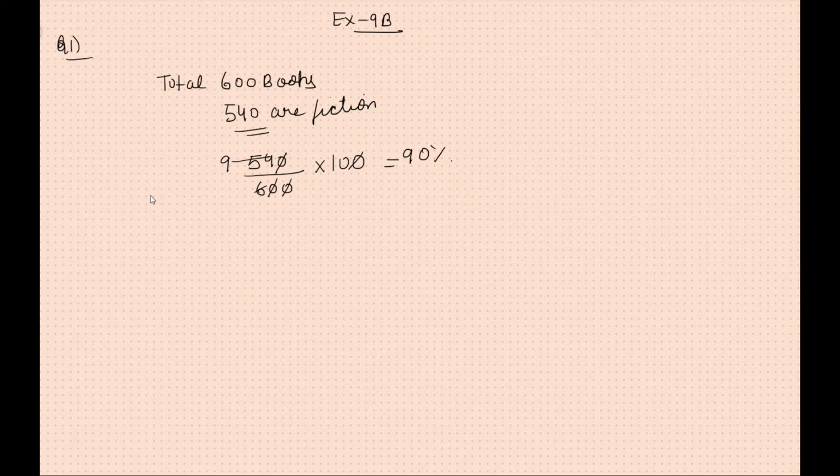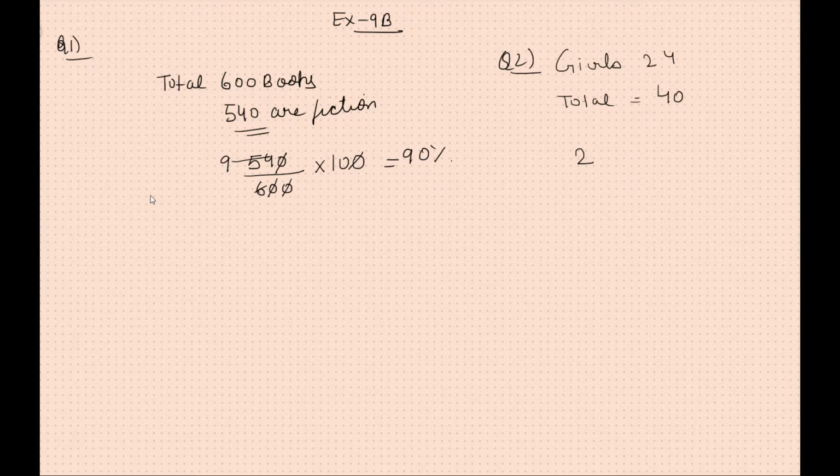Now you have question number 2, which says there are 24 girls in a class of 40 children. So how many girls are there? 24. Total strength of the class, you have 40. So you need to find the percentage that are girls.